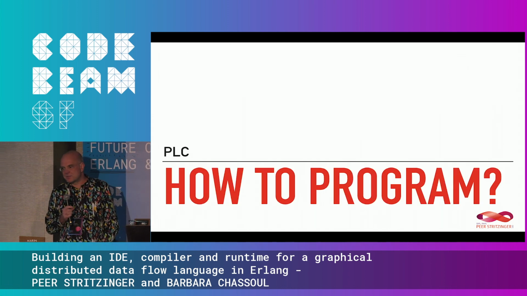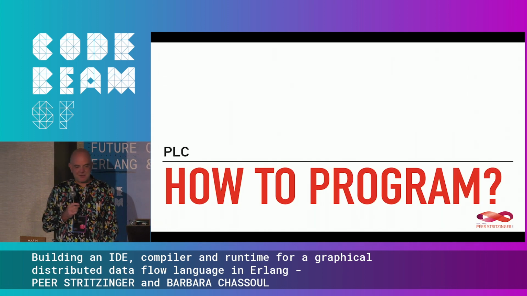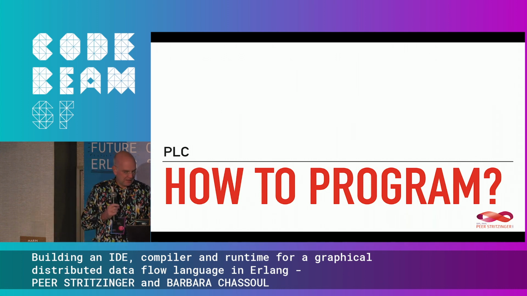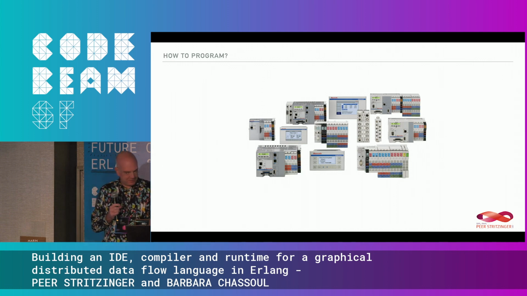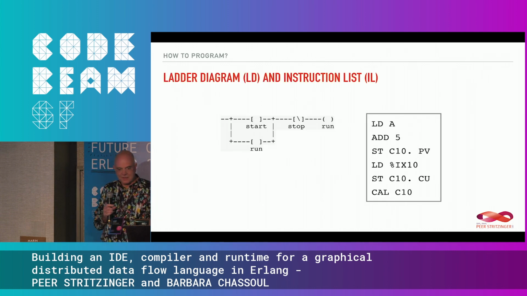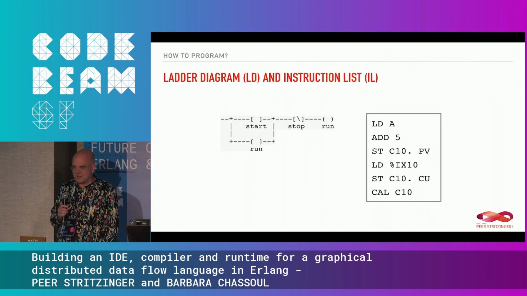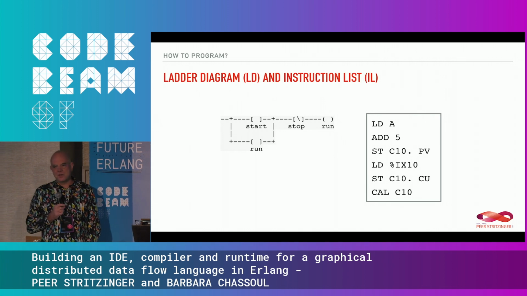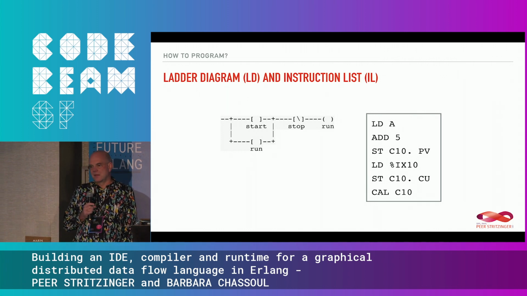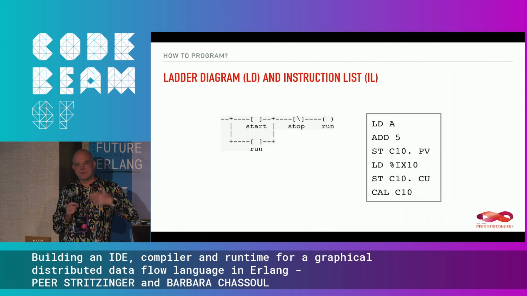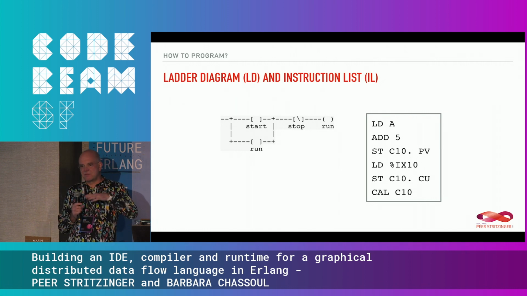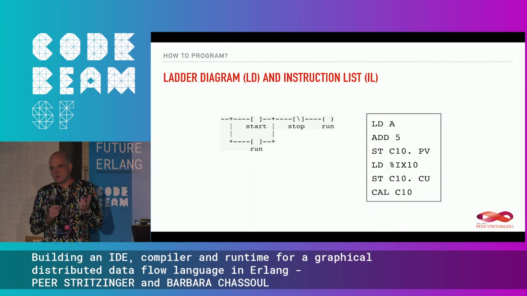So how are these things programmed? How do these programming languages and graphical representations look? So that's another picture of PLCs. I don't know why I put this there. So that's how it started. It started actually at Ford in the US. Before PLCs, when a machine, like on a conveyor belt, needed to do a sequence of steps, it was programmed using relays.